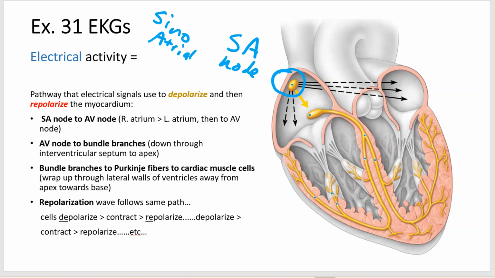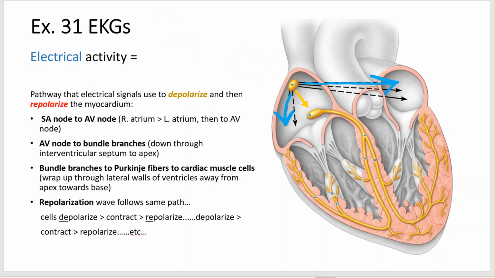And that's where all of our depolarization is going to start. From that node, we're going to spread over to the left atrium, depolarizing, and then we're going to depolarize all of the right atrium. So that's all of this step right here.